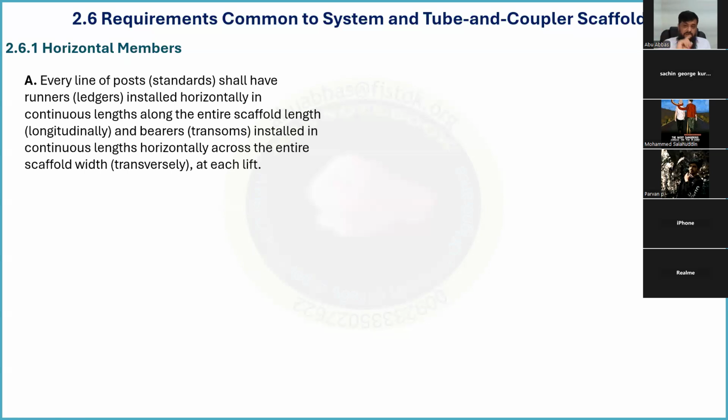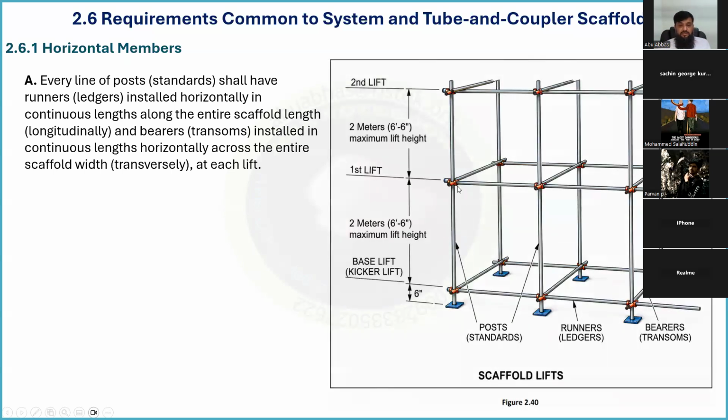It means whenever there is a lift, complete the transom, and the runner should be in both directions. Like here we can see, they are throughout the length. Maybe another post, it is supposed to be there. Okay, complete set.